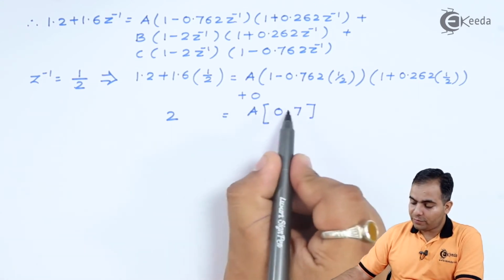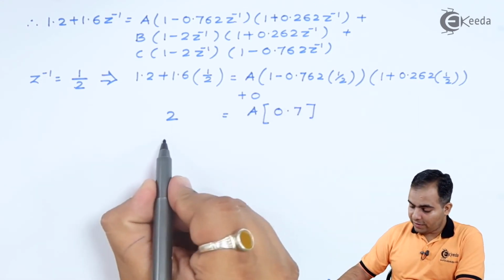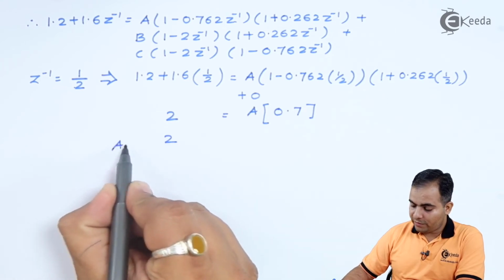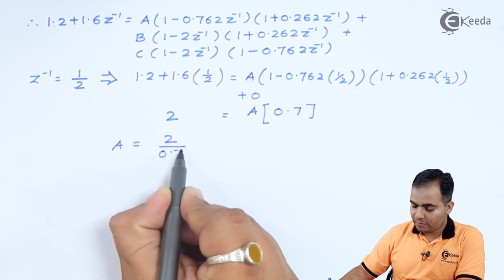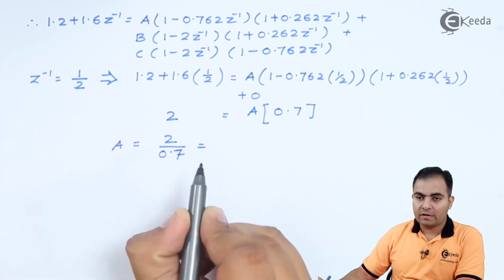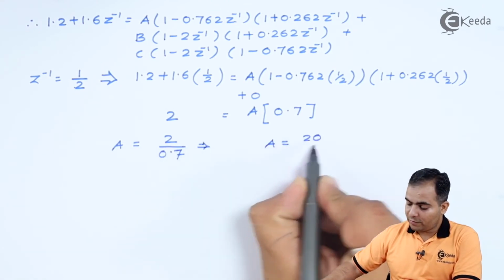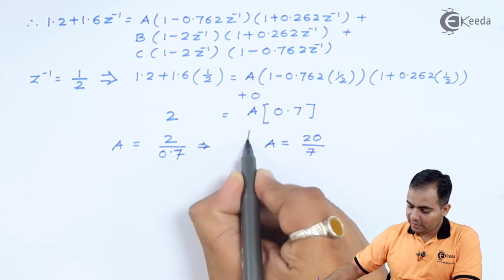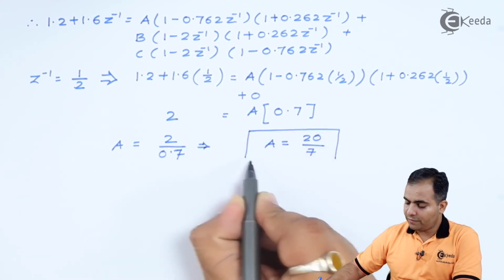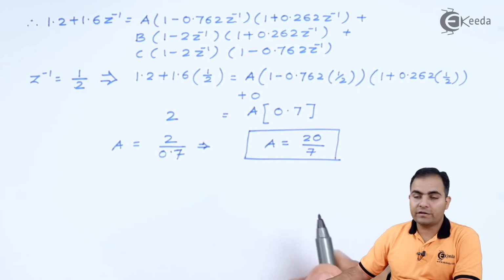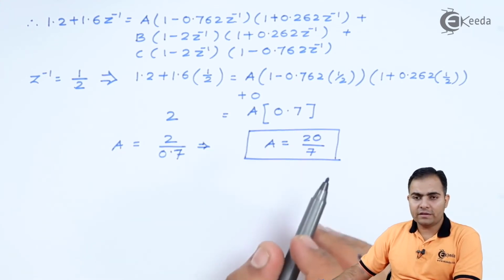If I shift this 0.7 to the left hand side, then my A value is 2 by 0.7, and if we solve further, this is 20 by 7. If you want, you can write this answer as a fraction also, but I'll consider the ratio part.